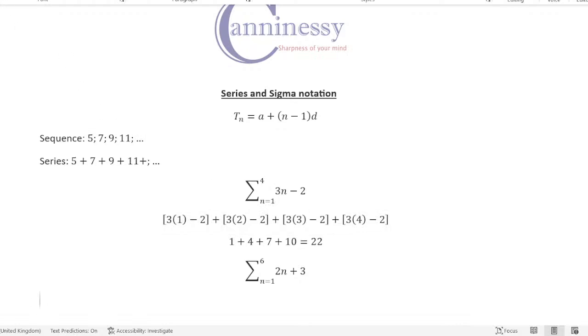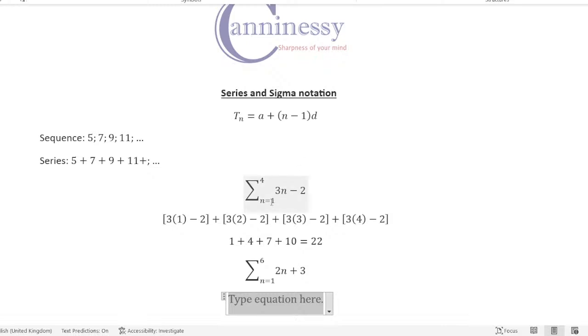So we apply the same principles. Remember, in the previous problem we had 4 as the last term to be substituted, and 1 as the first term to be substituted, and this implied that we only had 4 terms.